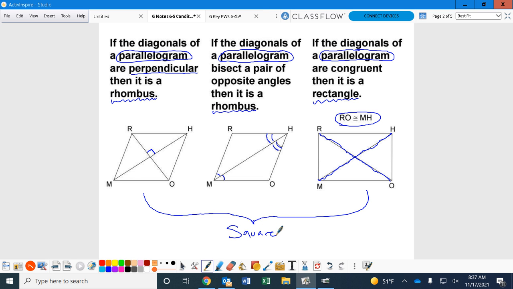So if you have the diagonals being right angles or perpendicular to each other, and they are congruent to each other, then you know you're going to have a square. You need to know that, you need to write that, you need to do something so you see that. If they are perpendicular and congruent to each other, that makes it into a square.